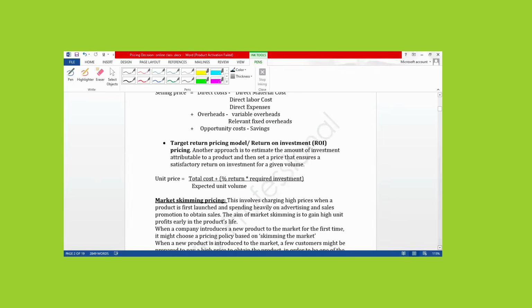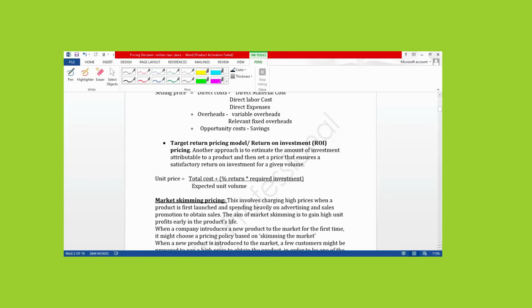We also discussed the target return pricing method, that is, return on investment pricing. Under this method, the total cost of a product is estimated.